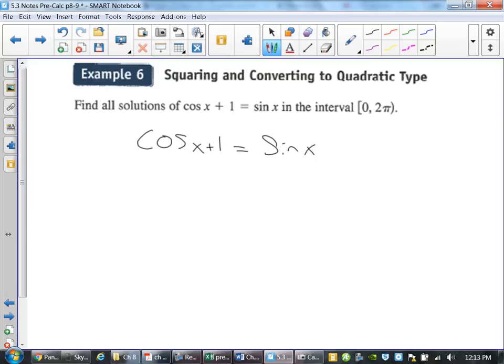One of the ways to solve this is to square both sides. Yeah, because then you can start to get your Pythagorean identities that you can use.